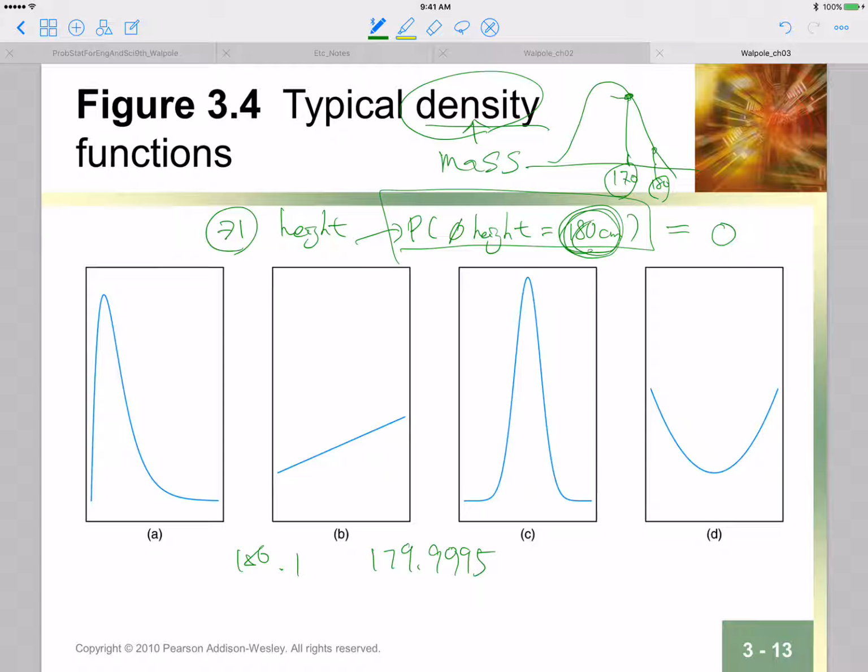So this guy is larger than this guy, right? But the actual probability of being 170 and 180, they both are equal to 0. But in terms of density, roughly within this small region around 170 and 180, their probability will be higher than this guy.